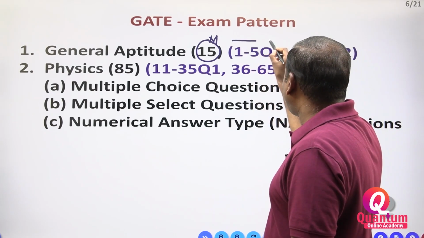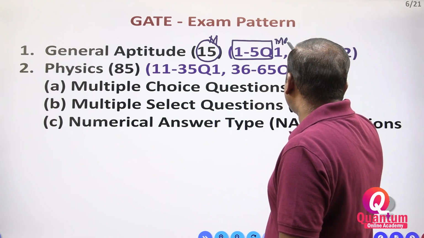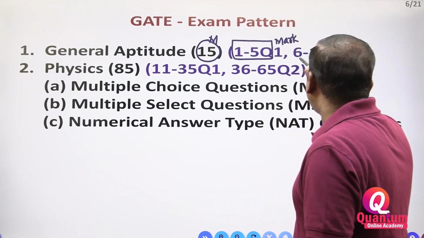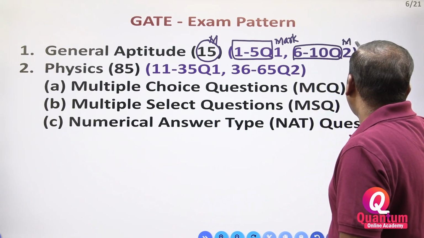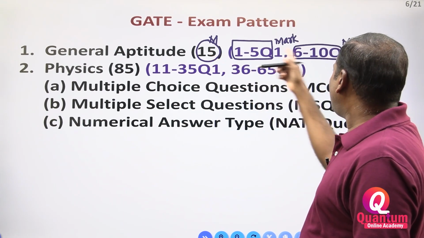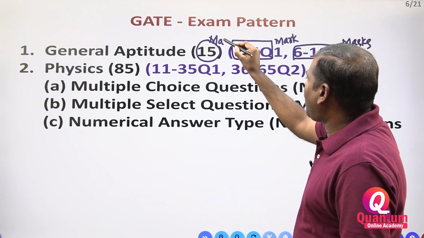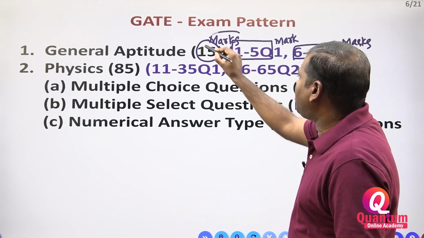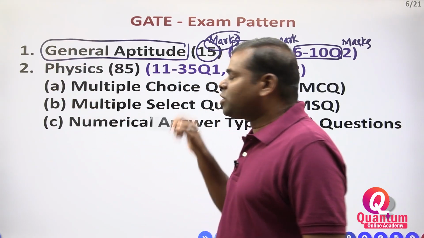For questions 1 to 5, you get 1 mark each. For the 6th to 10th questions, you get 2 marks each. So there are 10 questions in total, and you get 15 marks from general aptitude.